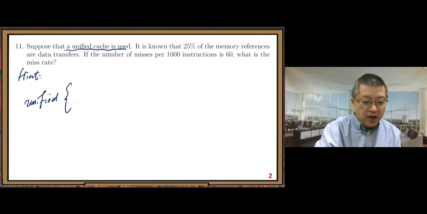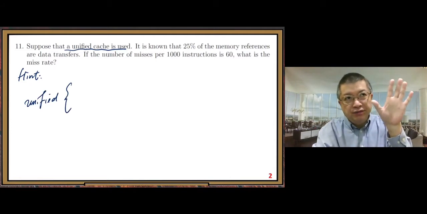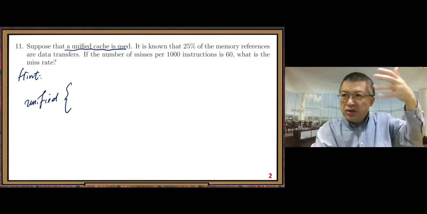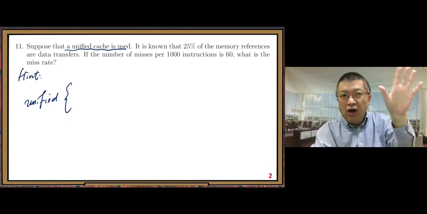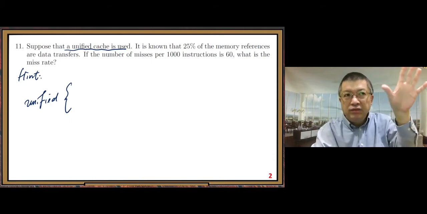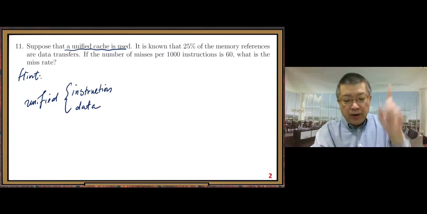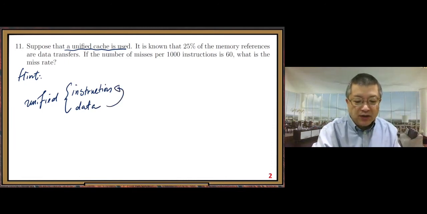So this gives us the information. There are two parts. For the unified cache, we need to work on data in two parts, the instruction part and the data part. The data part is on top of the instruction part.